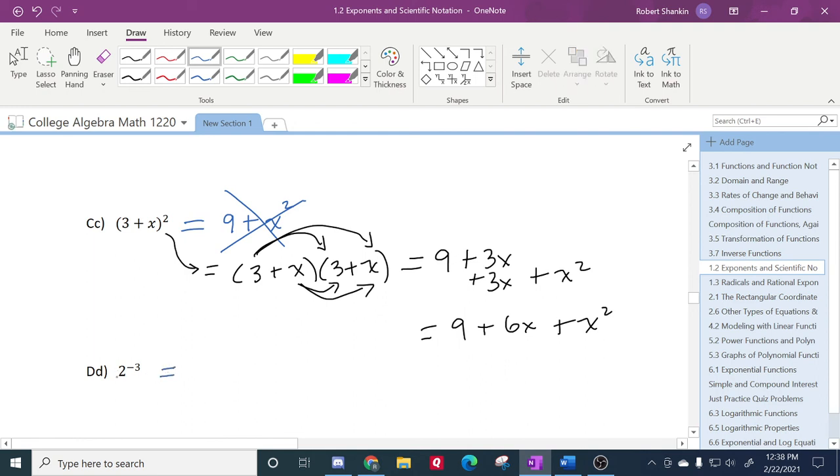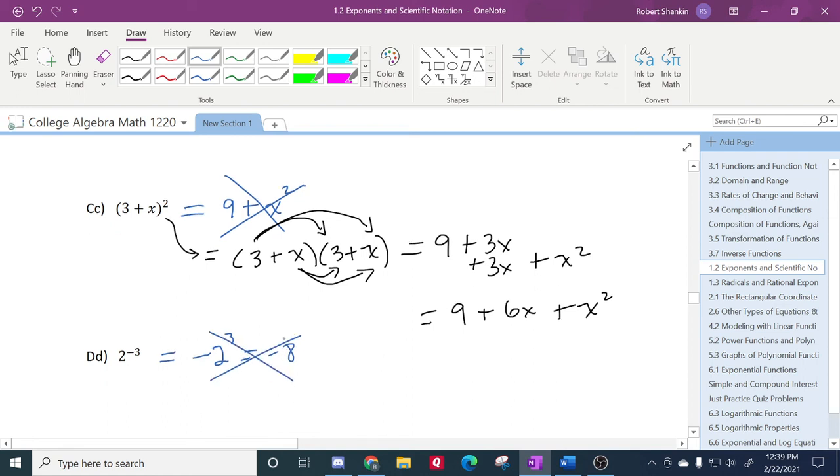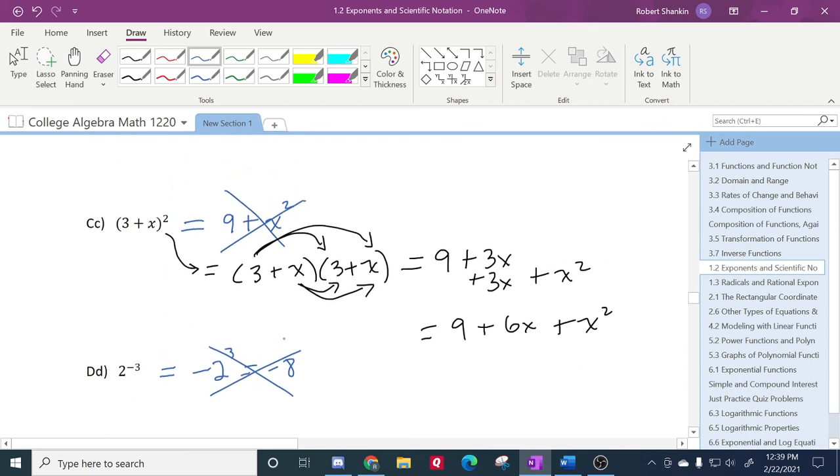Again, on this one, if it had been a long time since I'd seen this, I would probably do this. But that's wrong. That would be what my instincts would probably tell me to do, but the real answer is bring it to the bottom. Make it a positive exponent. And it's 1/8.